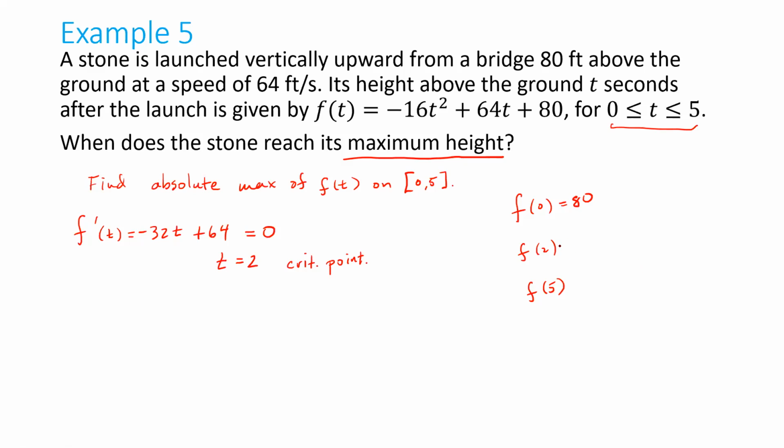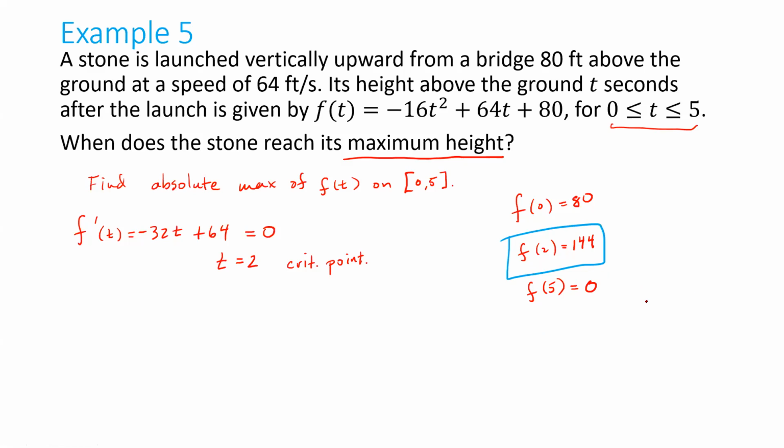So f of 2, if I evaluate 2 in our function here, we get 144 is the maximum height it reaches at 2. And then at t equals 5, I believe that's going to be when it hits the ground. So that would be 0. Okay, so this will be the maximum height. Makes sense, right?